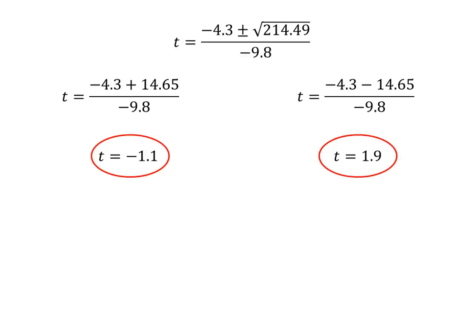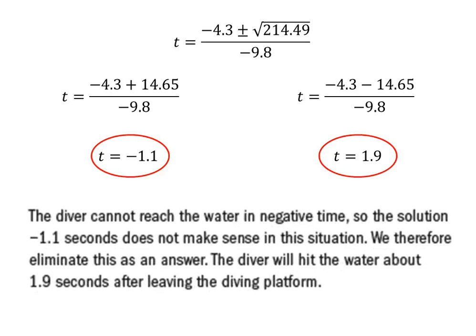At those times, the diver will be at the water. But wait a second. The diver cannot reach the water in negative time. Negative 1.1 seconds. So negative 1.1 seconds before he jumps, he's at the water. Doesn't make any sense. We can't have a negative time. So this is not an answer.